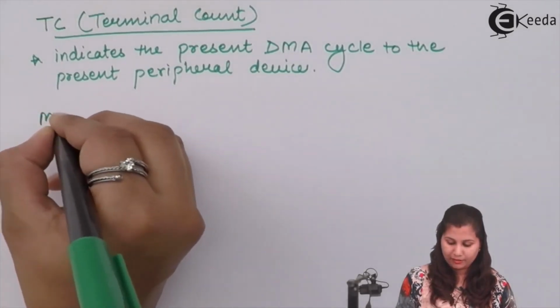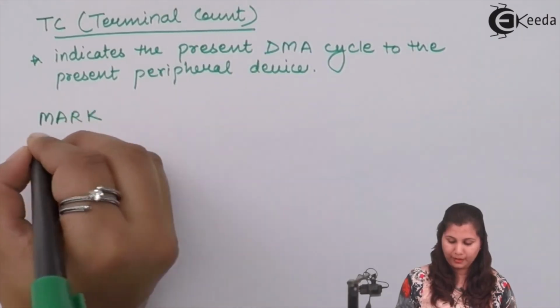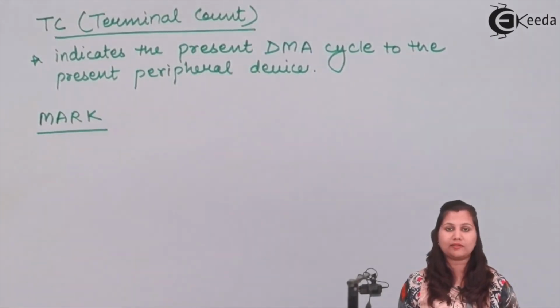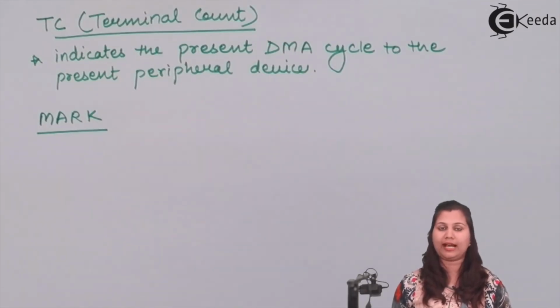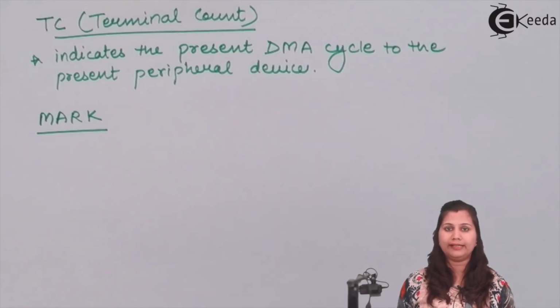Then we have mark. As the DMA transfers data to the peripheral device, this mark indicates that 128 bytes of data have been transferred by the DMA to the peripheral devices.